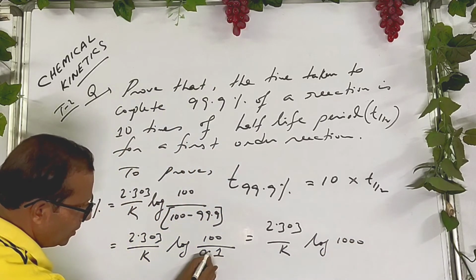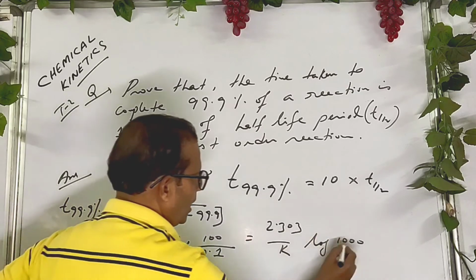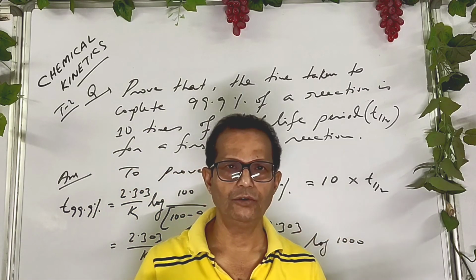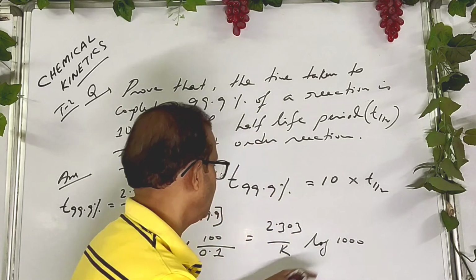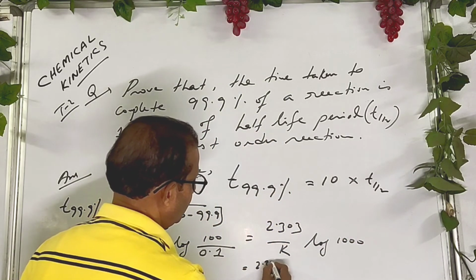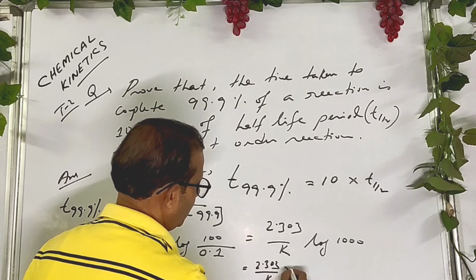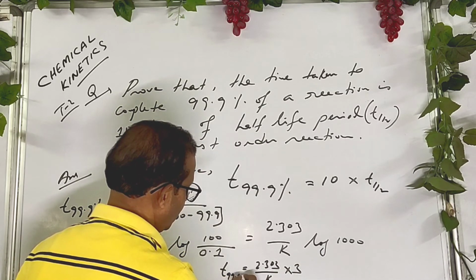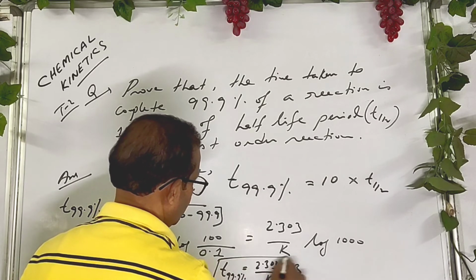You know that log 10 equals 1, log 100 equals 2, log 1000 equals 3. So it equals 2.303 by K into 3, that is T 99.9%.